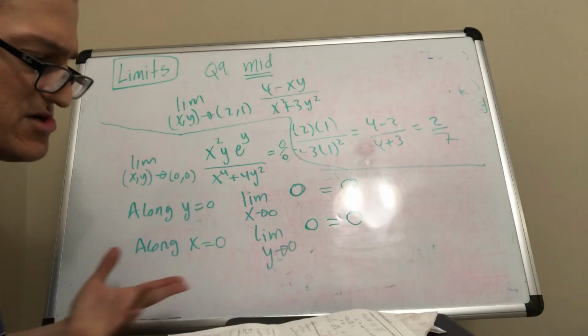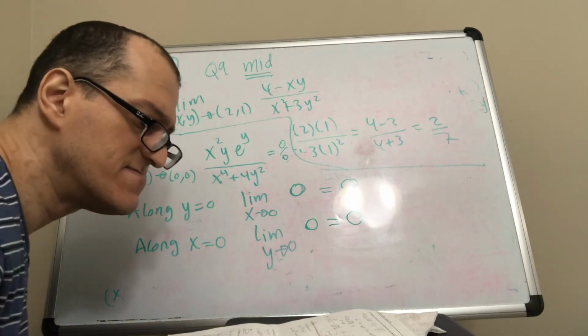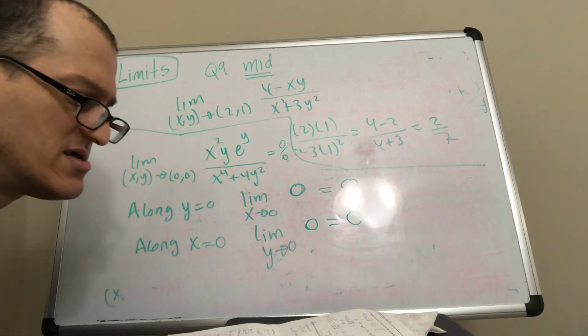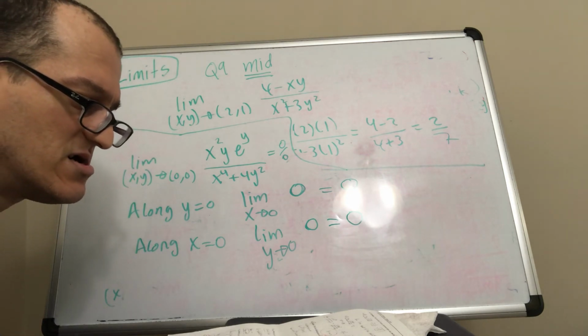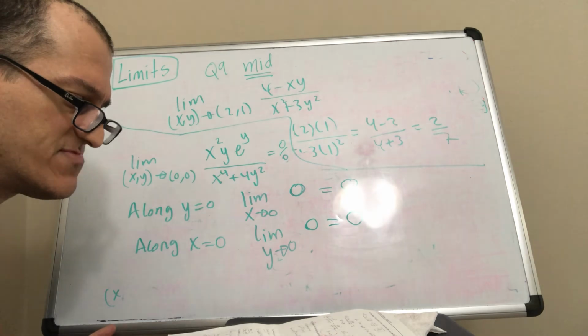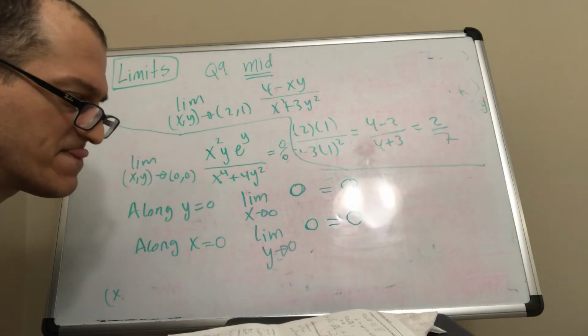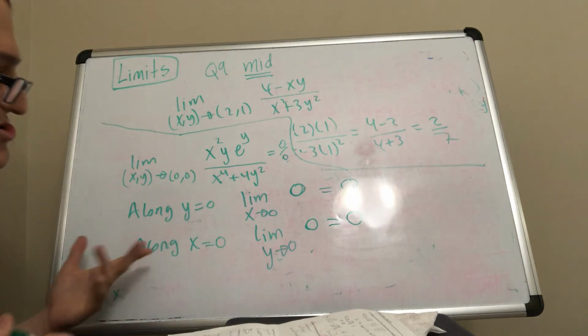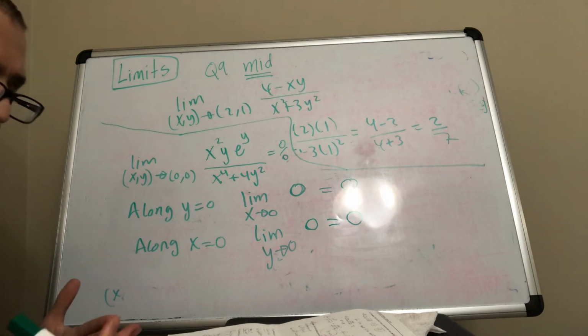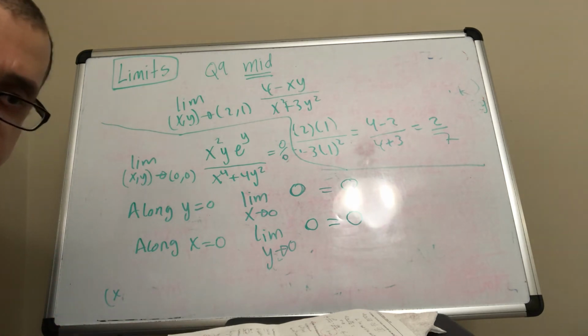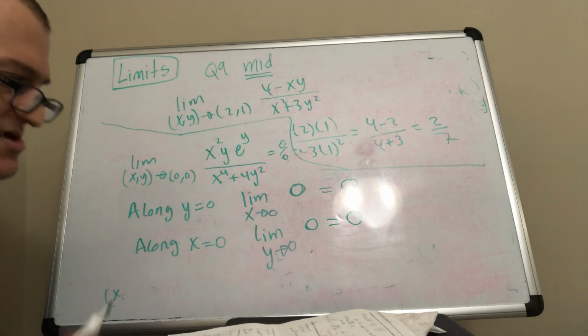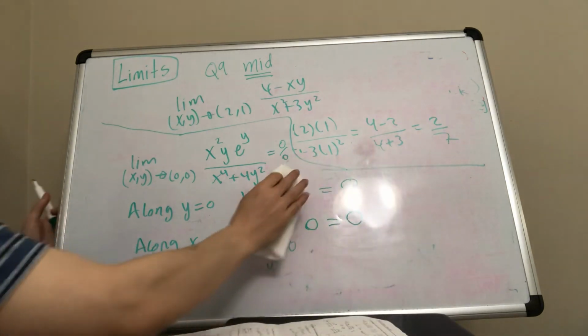So it's 0 equals 0. So limit is 0. So the limit does exist here. It's 0, 0. So far it's 0, 0. We could try something else to see if that's going to help us.